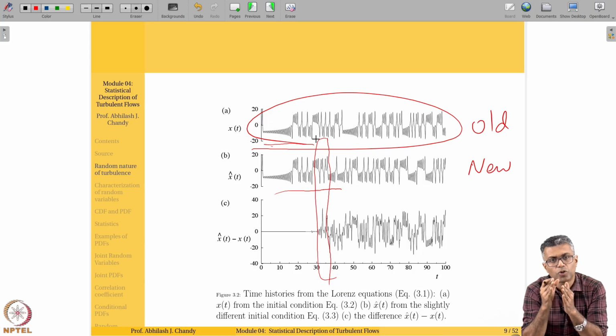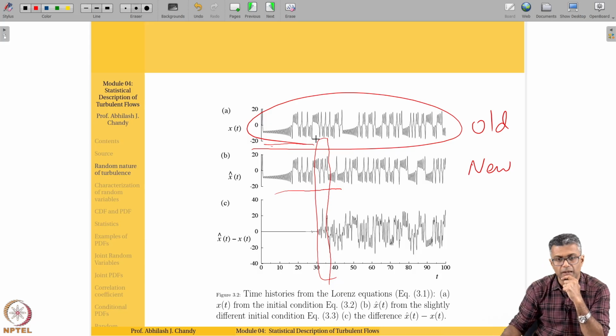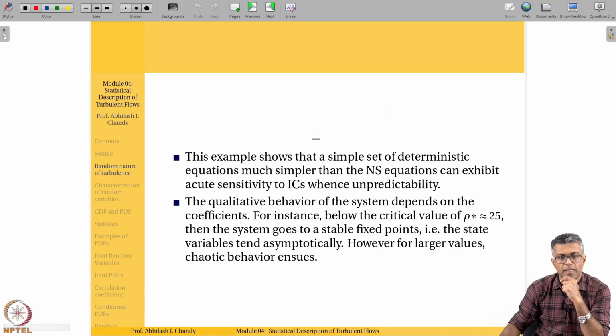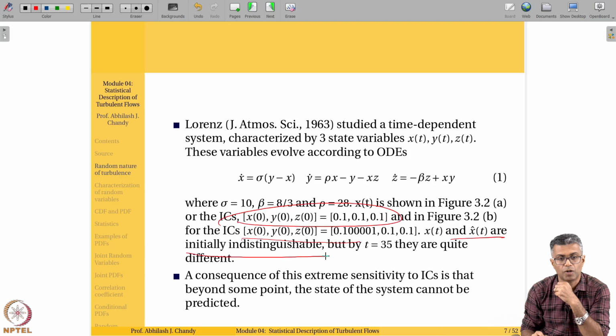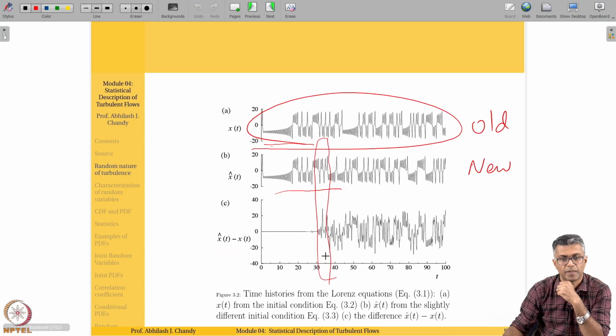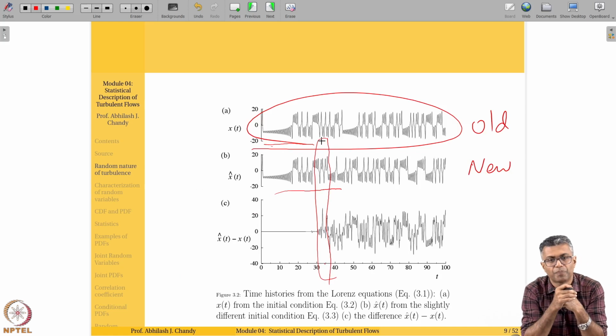So initially the old and the new stay the same, but there starts to be some difference in that region. So that's what we mean. They are initially indistinguishable, but by t equal to 35, they are quite different.